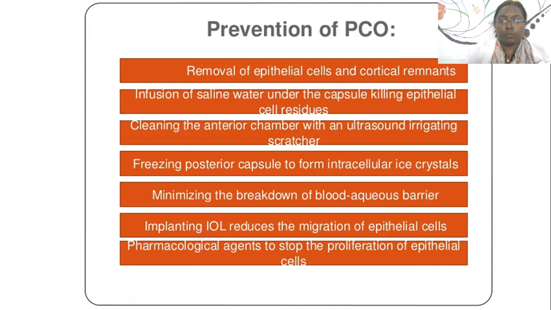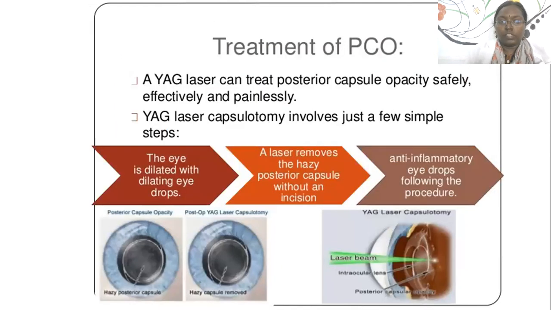How to prevent PCO? By removal of epithelial cells and cortical remnants, and infusion of saline under the capsule, cleaning with an ultrasound irrigating aspirator. Treatment of PCO includes Nd:YAG laser capsulotomy.